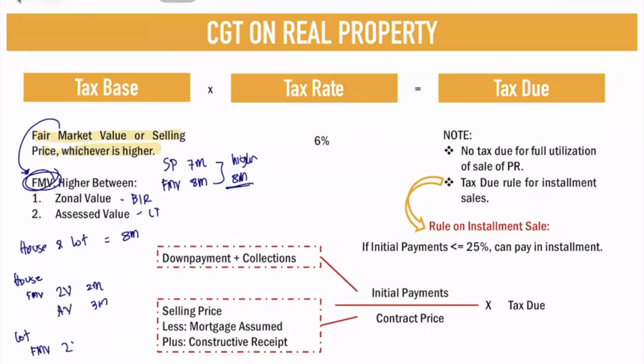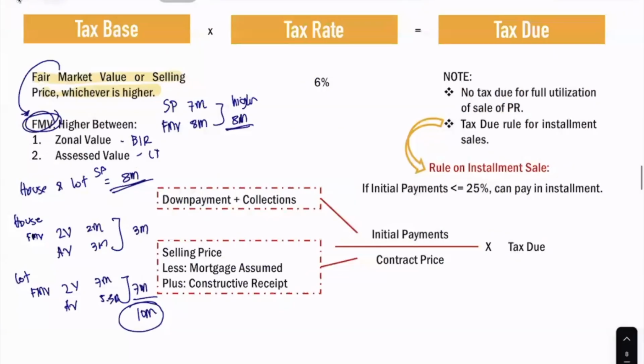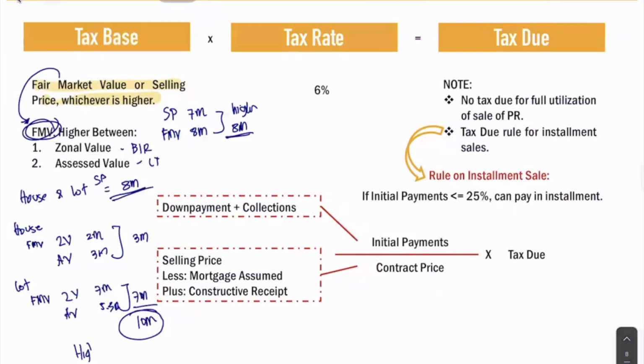For the lot, the zonal value is 7 million, and the assessed value is 5.5. So the higher FMV for the house is 3 million, for the lot is 7 million, total of 10 million. The selling price of the house and lot, we said 8 million, while we computed our FMV at 10 million. So the higher between the two is 10 million. Therefore, we tax it at 10 million.